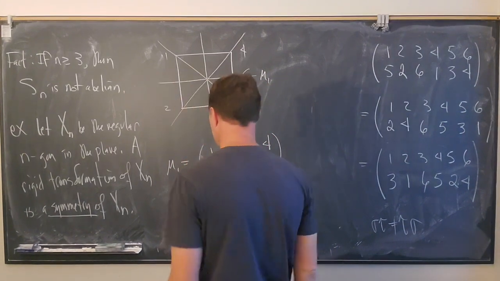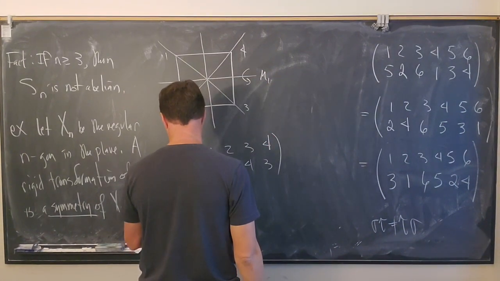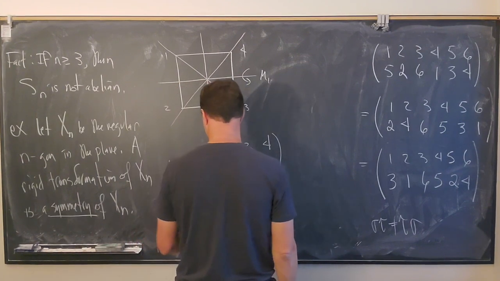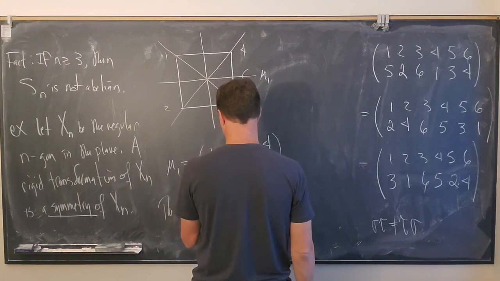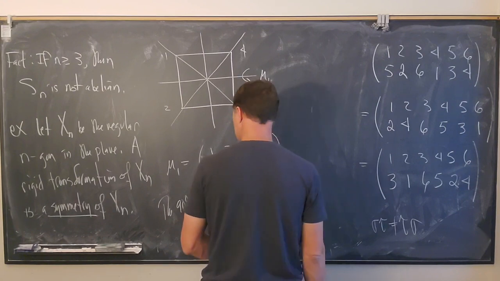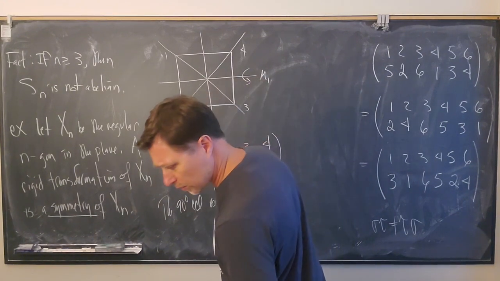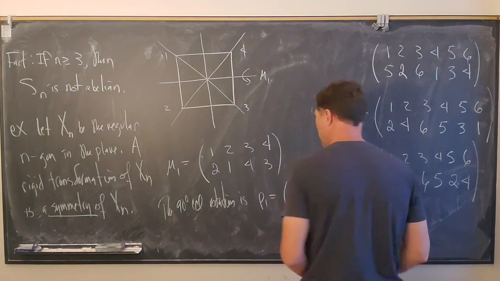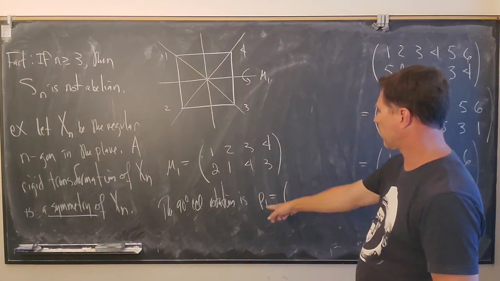The 90 degree, so let's say the 90 degree counterclockwise rotation is, do I want to give it a symbol? Yeah, I'm going to call that rho sub 1. Rho, that's a Greek letter, rho right there.